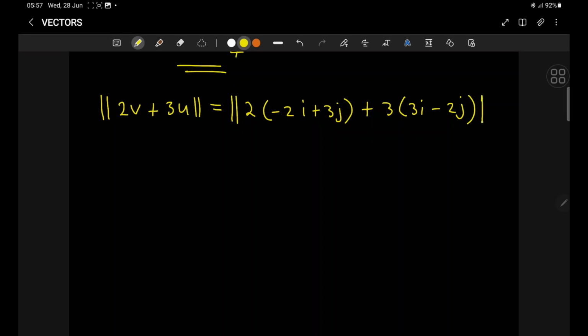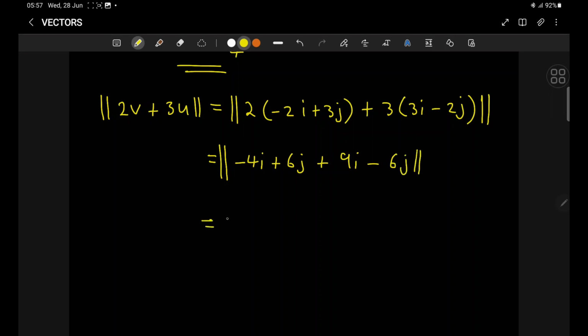Okay, so we can work it out. So this will give us negative 4i plus 6j, then plus, we multiply the 3 throughout, so I have 9i minus 6j.